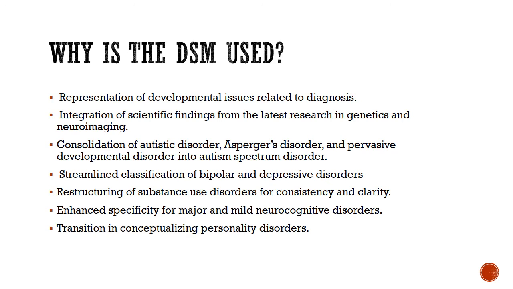The second reason why it is used is the integration of scientific findings from the latest research in genetics and neuroimaging, which gives us more of a chance to see what is happening and why it is happening. The revised edition, which is the fifth edition of the DSM, which is currently used now, was informed by research recently done in neuroscience and by emerging genetic linkages between diagnostic groups.